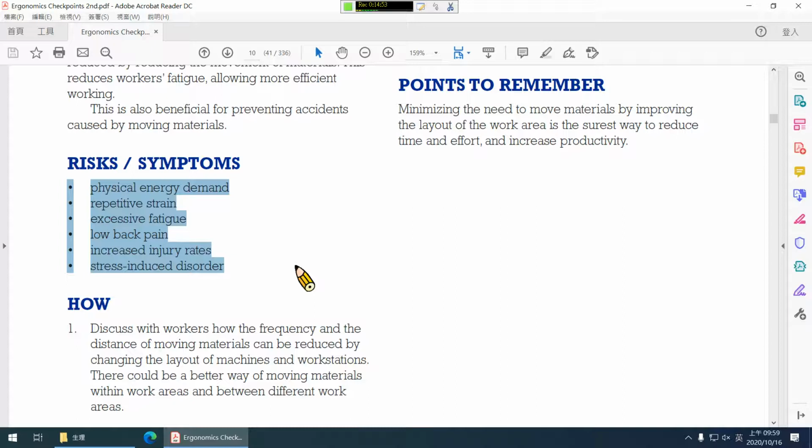That is so difficult to establish a relationship between these risks and symptoms. Okay? So we have to bear this in mind. Okay?